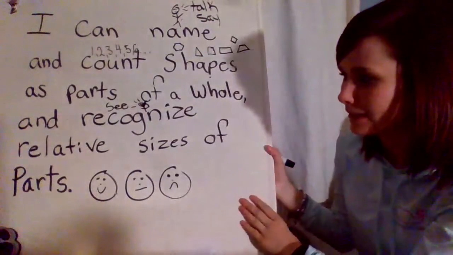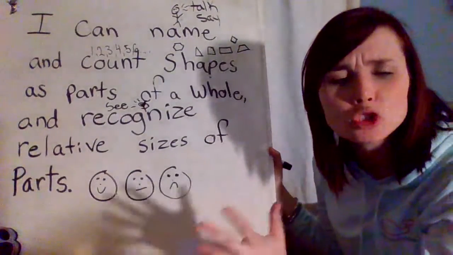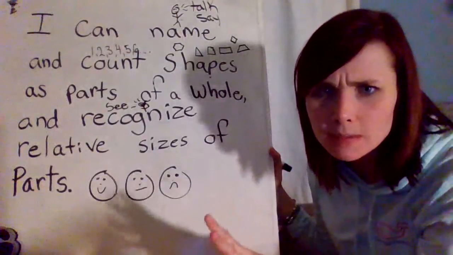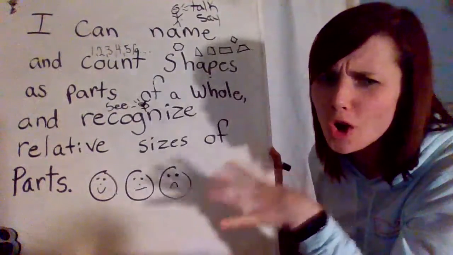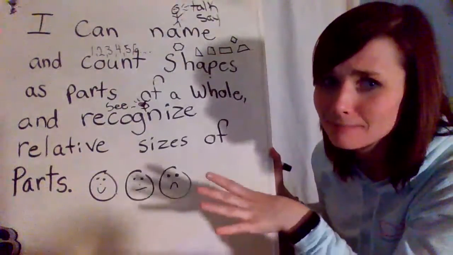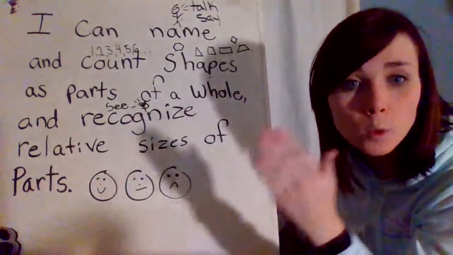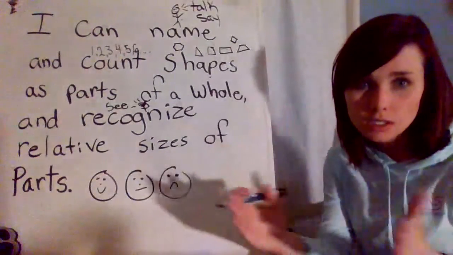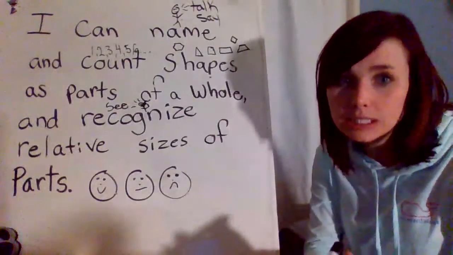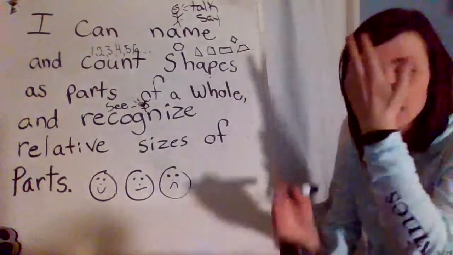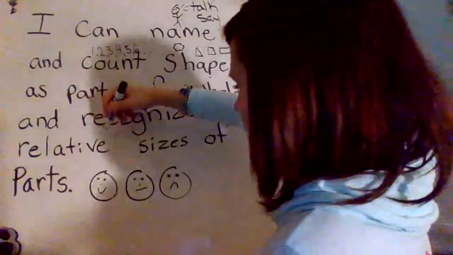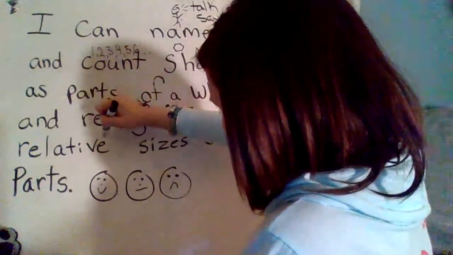Relative sizes. So we need to be able to look and see those shapes that we're putting up in parts. Are they the same size? Because we want to split them into equals, so it's equally split. So if we split a circle in the middle, let's say we have our circle here. I'm going to draw it up here.